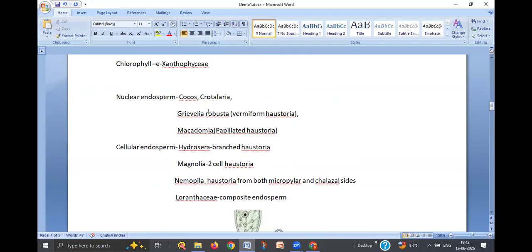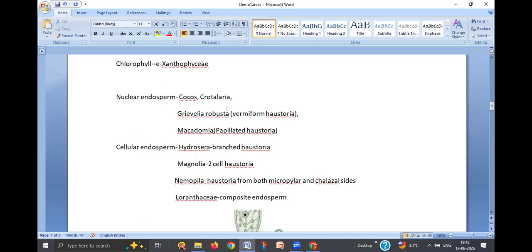And one more question may come: vermiform haustoria is found in which plant? In Grevillea robusta, we find the nuclear endosperm where we find the vermiform shape.